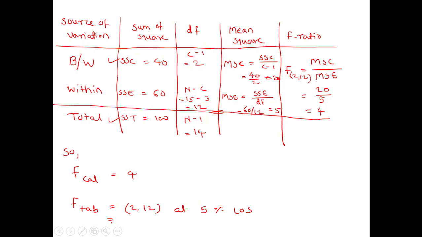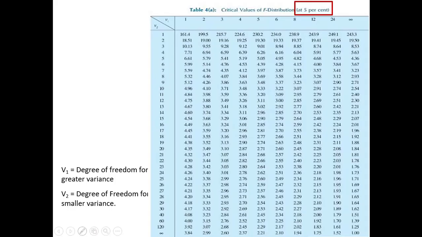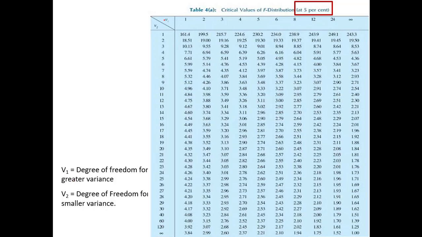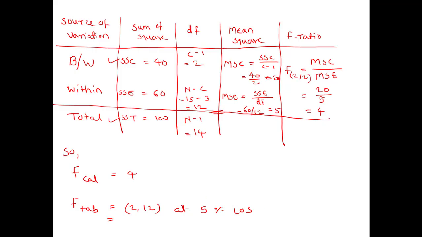So let's see this in the table. So 2 and 12. So the first value is this 2 and 12 is here. So the intersection of 2 and 12 is 3.88. So the F tabulated value is 3.88.